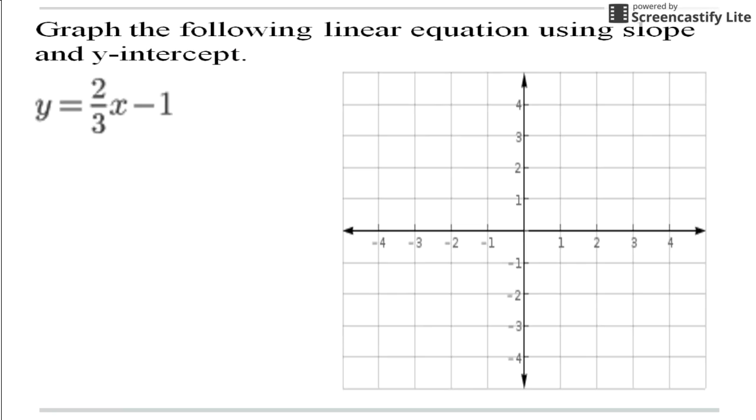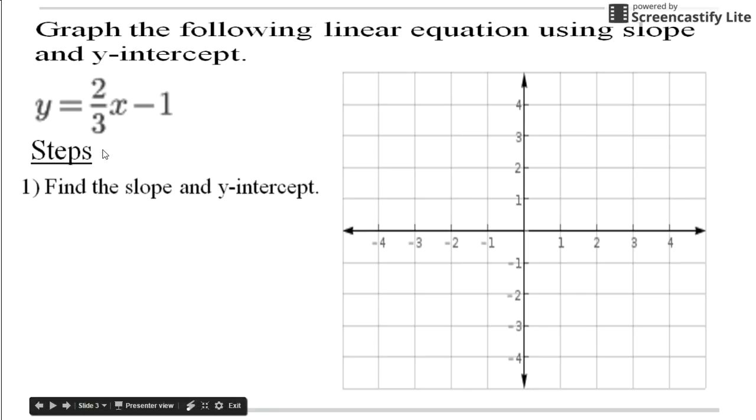So let's look at a couple of examples. If I've got the equation y equals 2 over 3x minus 1, the very first thing I need to do is figure out what my slope and my y-intercept are. What we really like about this is that it's already solved for y. There's no math I have to do to get y by itself.